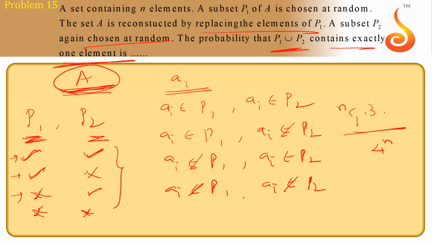Then the remaining n minus 1 elements should take only the last chance, because if any of them enters into any one of the parties, it will enter into the union. But our P1 union P2 should contain only one element, which we have already chosen in nC1 into 3 ways. So the other n minus 1 elements should have only one way. So the answer is 3n by 4 power n.